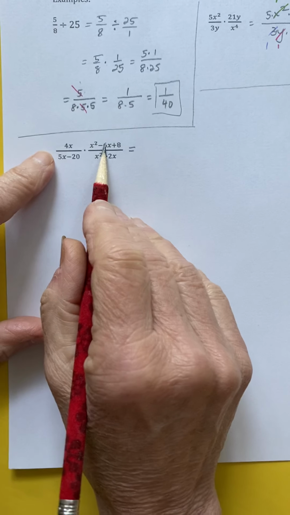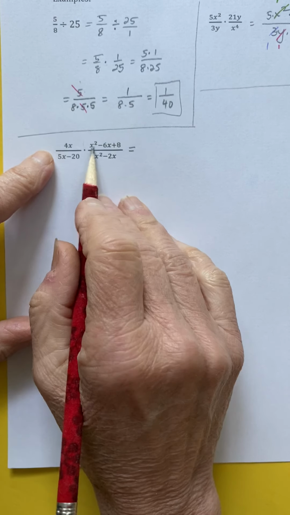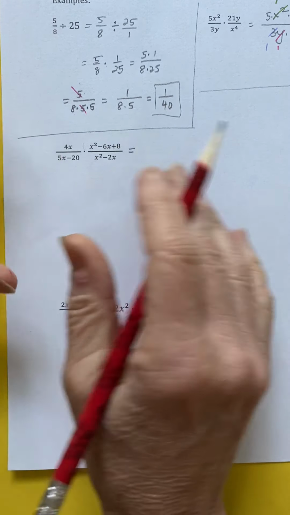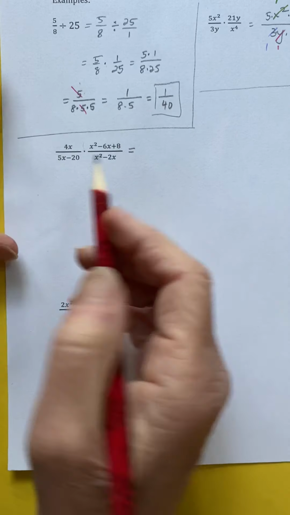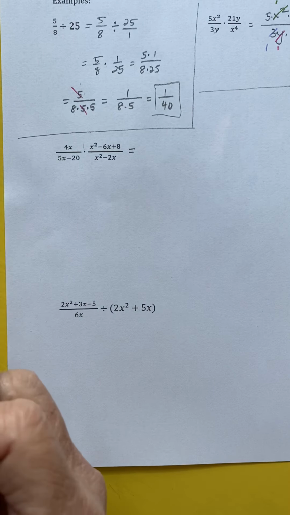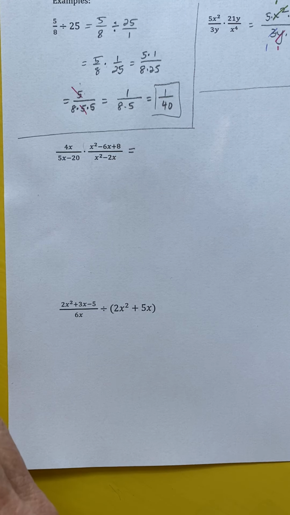You can multiply 4x into this and distribute it, and you're going to get 4x to the third minus 24x squared plus 32x. Please don't do that, because you're going to have to factor it later anyway and take that 4x both out. When you multiply two fractions, you don't want to multiply everything together.